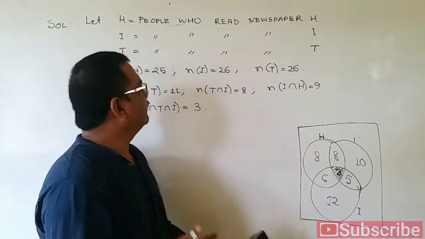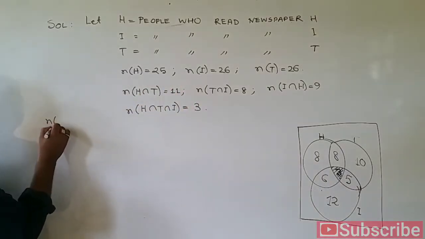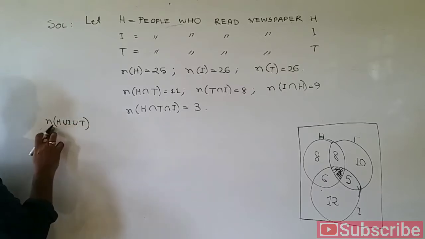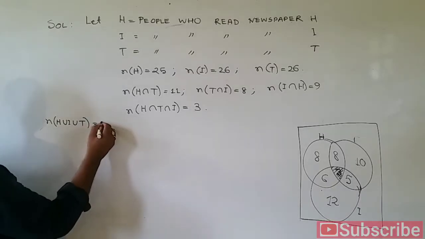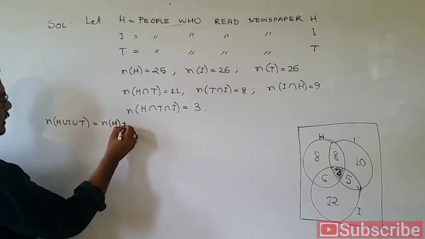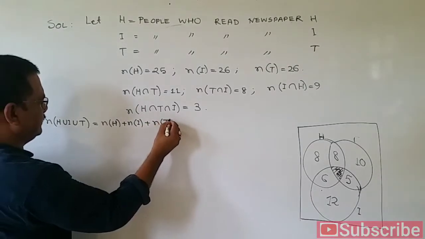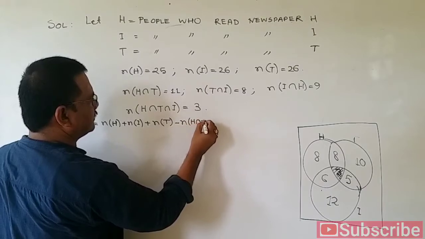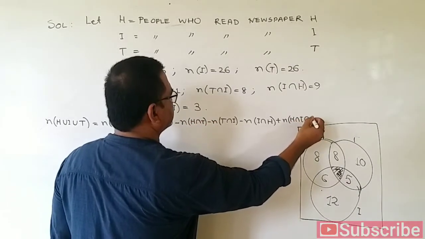Now let us find the number of elements in the union of these 3 sets. That is n(H union I union T). The number of elements in these 3 sets is equal to n(H) plus n(I) plus n(T) minus n(H intersection T) minus n(I intersection T) minus n(H intersection I) plus n(H intersection I intersection T).